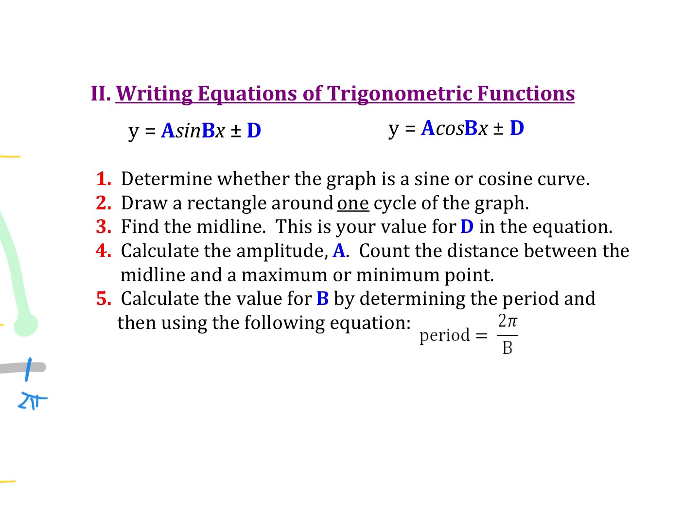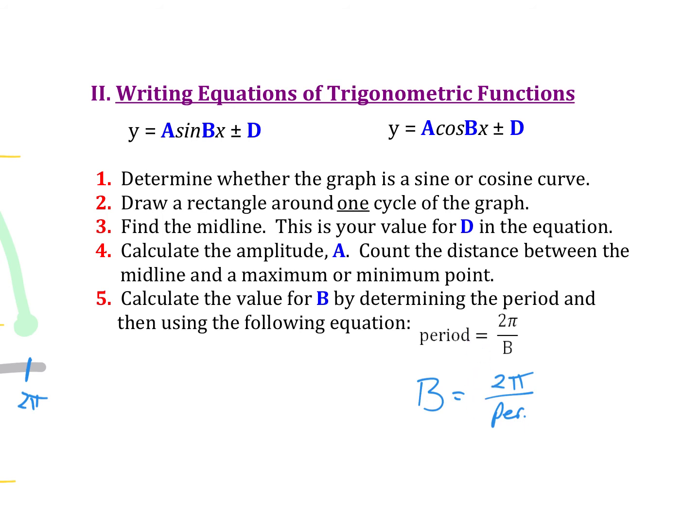Then we can find the midline to get our d value. Once you know the midline, you can count up to the amplitude to get your a value. The hardest part is going to be number 5 here, is calculating the b value. And we have to remember that our b value helps us find the period. So if I know the period is 2 pi divided by b, I could also make the same statement that b is equal to 2 pi divided by the period.